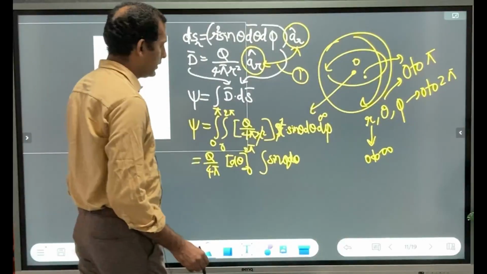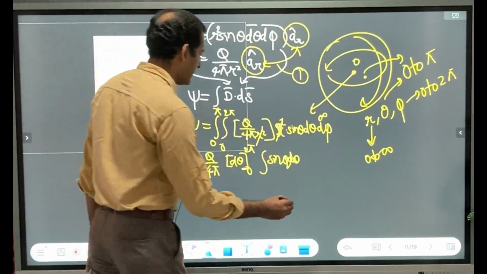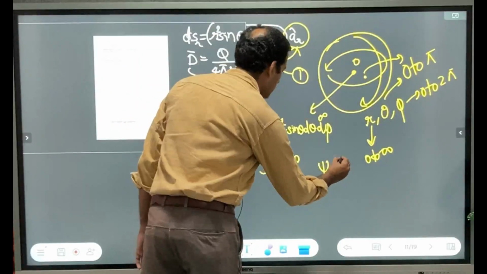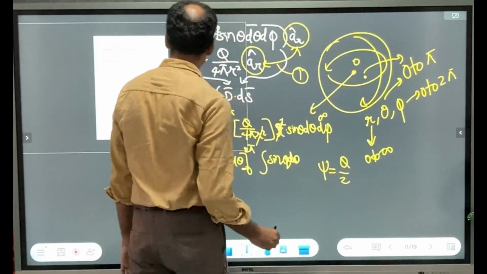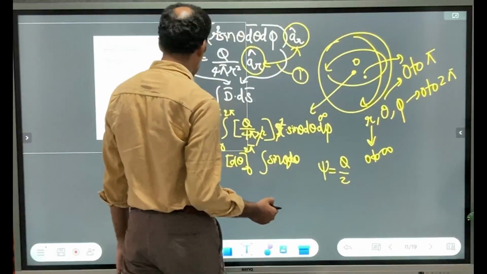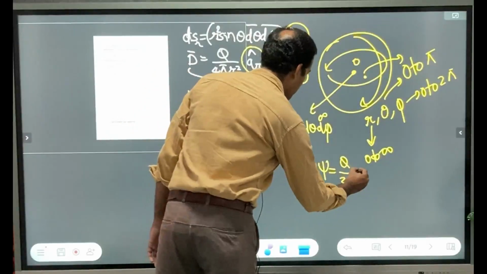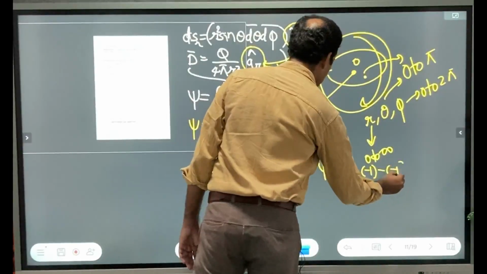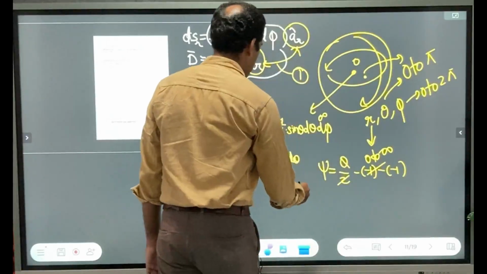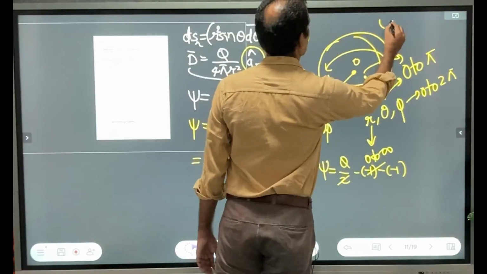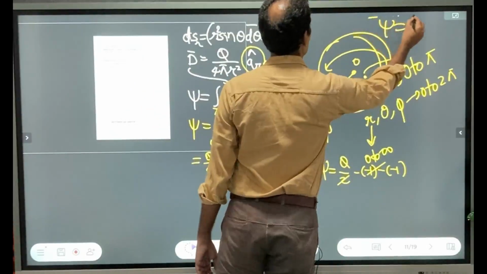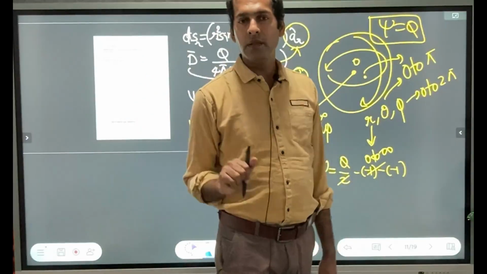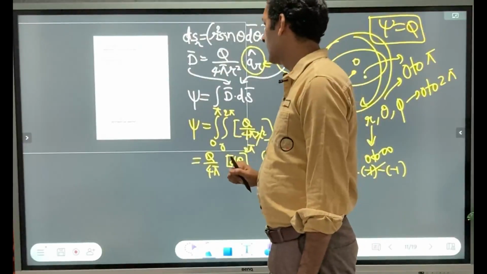So if we further solve this, we will get psi is equal to Q by 2, and if we put the limit for the integration of sine, that is cos phi, we will get minus of minus 1, then minus 1, that 2 will get cancelled, and finally we will get psi is equal to Q. That is the point form of Gauss law. This is the first application we have derived.